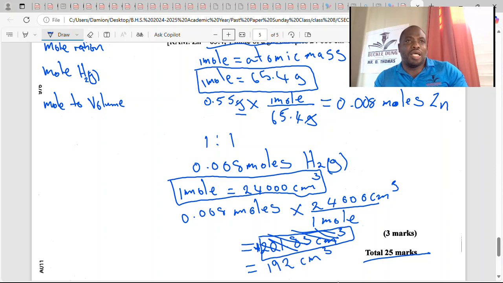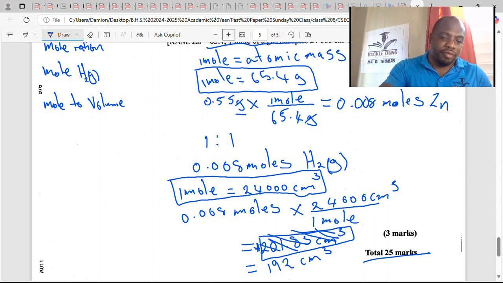Would you have known that the acid is aqueous? Because those are the things that give you the little 1 mark. Would you have known how to calculate the moles of the volume of gas in terms of RTP? Those are things that you can evaluate based on this question. All right.